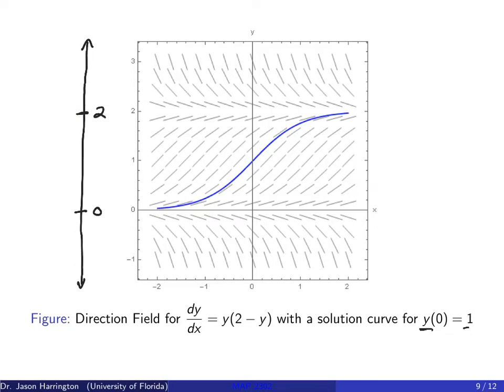Now what this means is that at exactly y equal to 2, remember this is our y-axis, we have an equilibrium solution. So y equals 2 is an equilibrium solution.